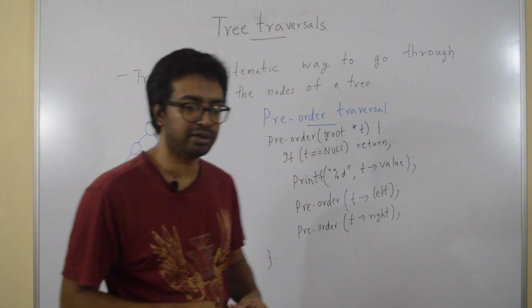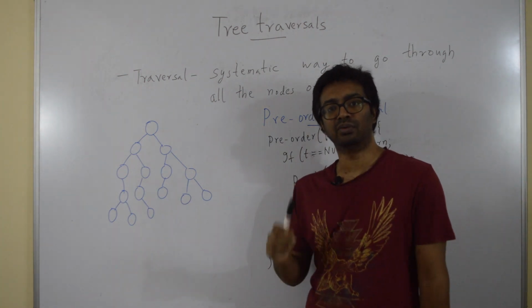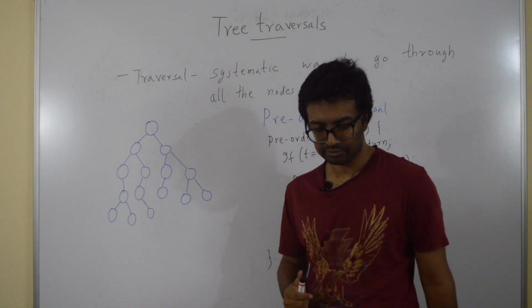Okay, this is my tree, and what we are going to do is the following. I'm going to number the nodes in the order in which it's going to traverse.